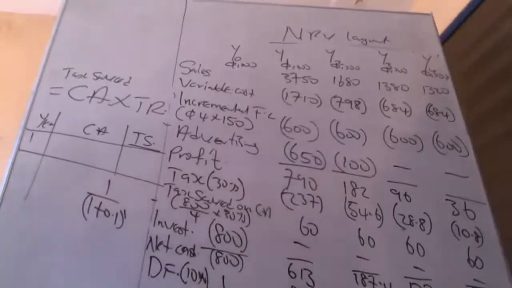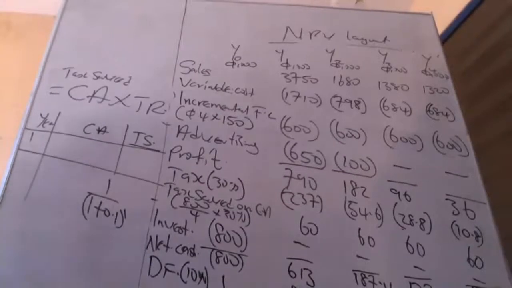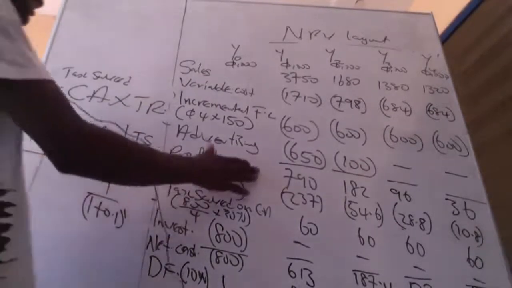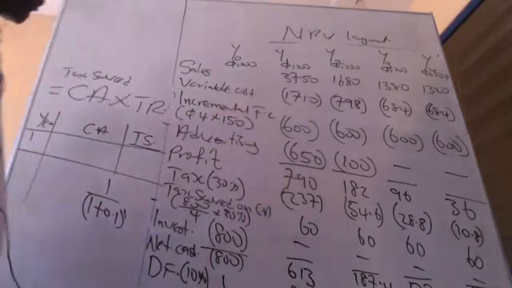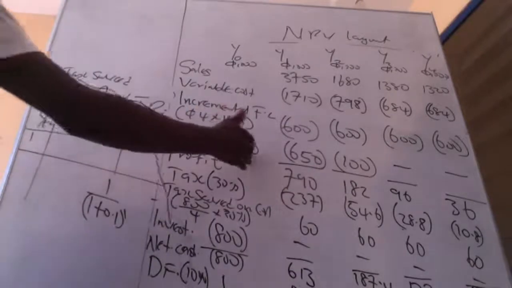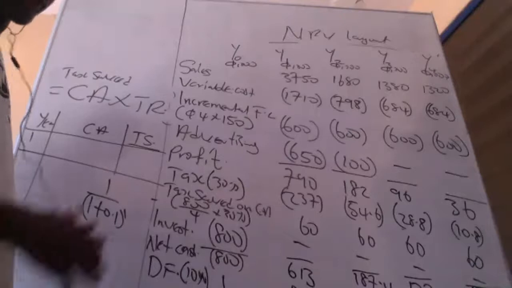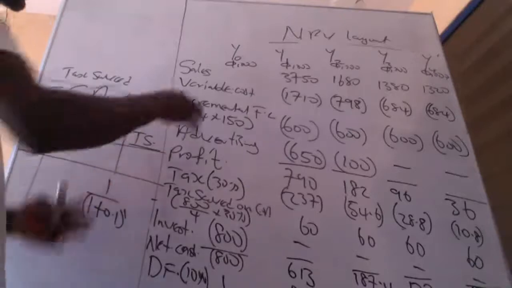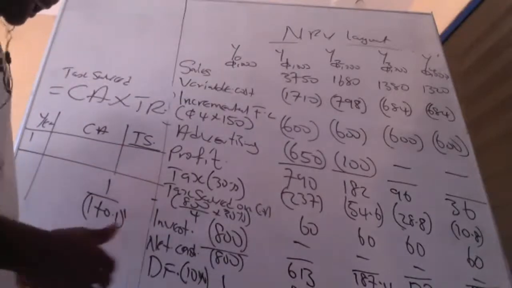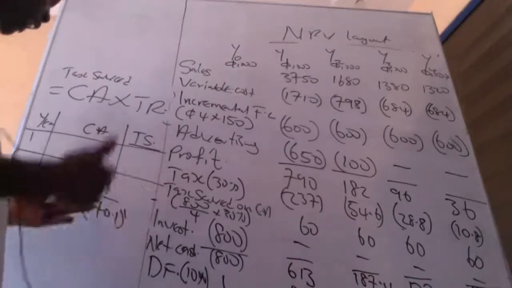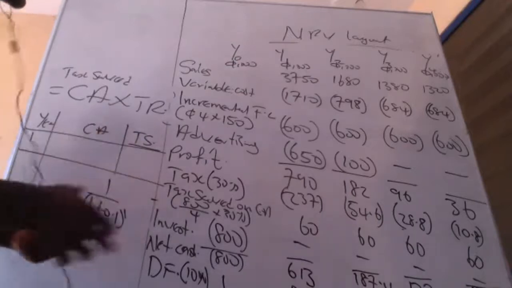Good. This is how far the good Lord will bring us for today's edition of the class. Next meeting, we'll discuss the advantages and disadvantages of NPV. We call it the strengths and the drawbacks of NPV. It's a very topical issue. Now that you know what NPV looks like, you can come out with its advantages and disadvantages.